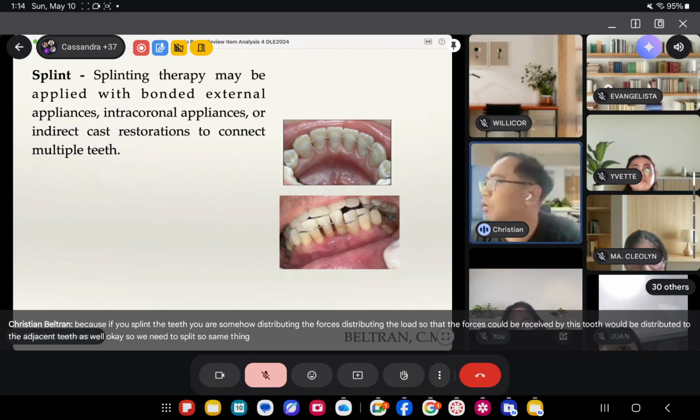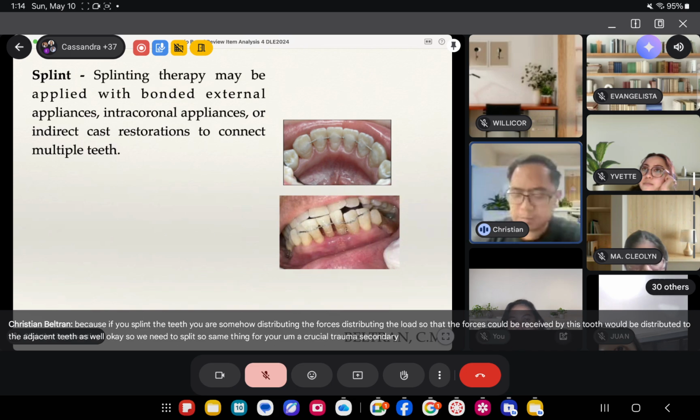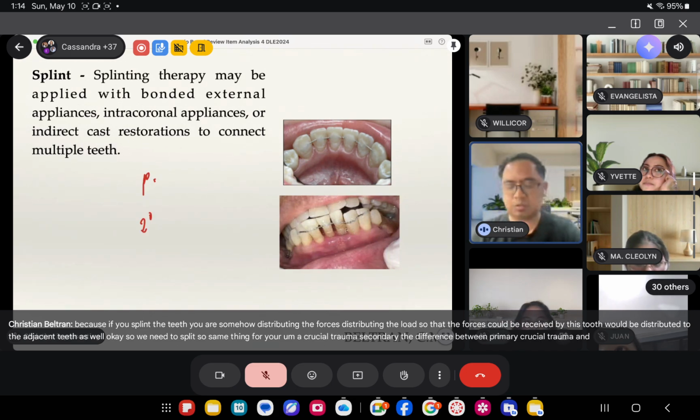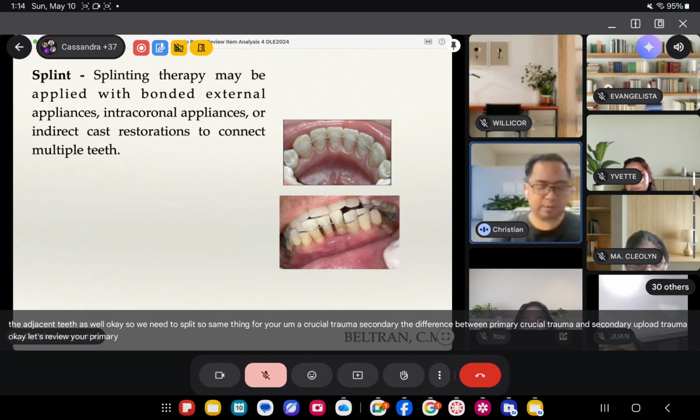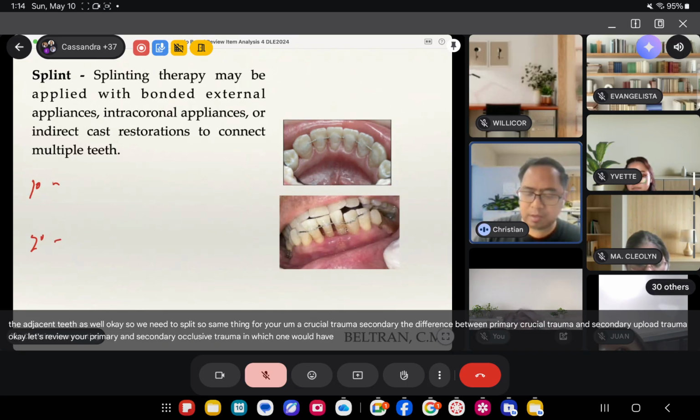So same thing for your occlusal trauma, secondary occlusal trauma. You need to splint. Still remember the difference between primary occlusal trauma and secondary occlusal trauma. Okay, let's review your primary and secondary occlusal trauma. Which one would have a healthy periodontium?